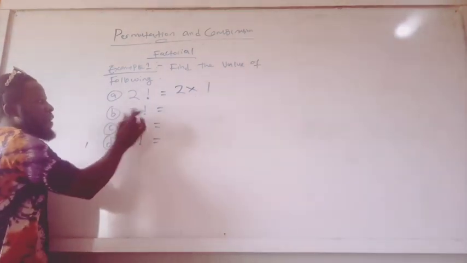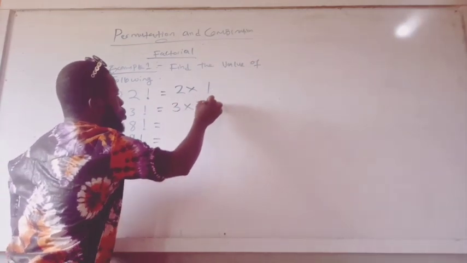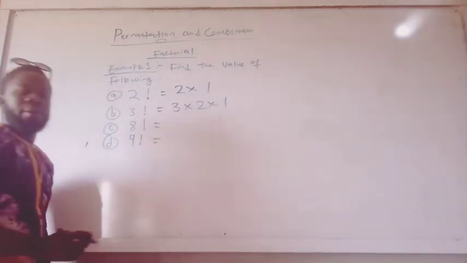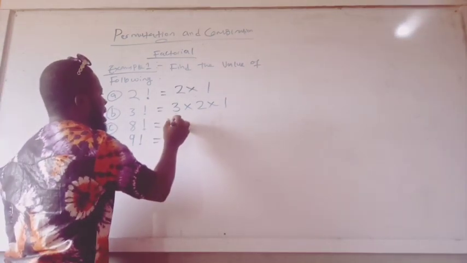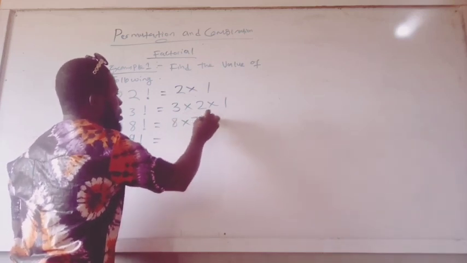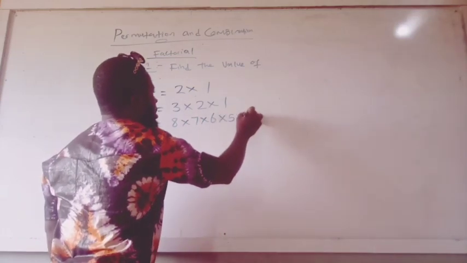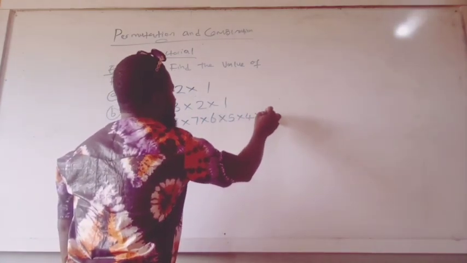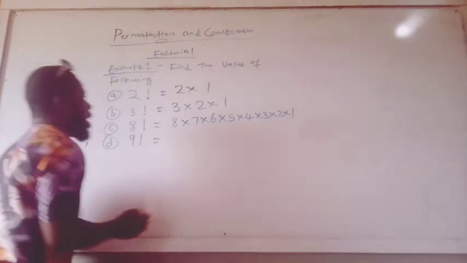Then 3 factorial means 3 times 2 times 1. When you talk about 8 factorial, that's 8, the next number is 7, the next is 6, the next is 5, the next is 4, the next is 3, the next is 2, the next is 1.